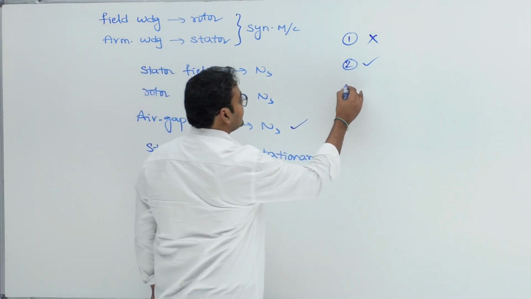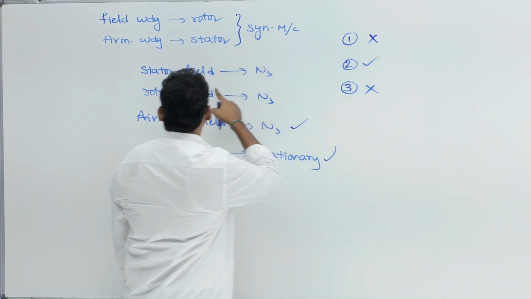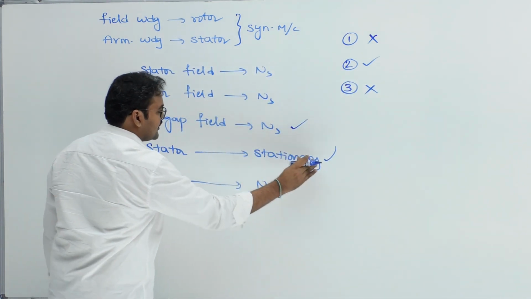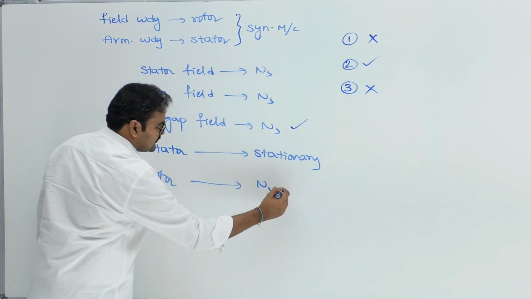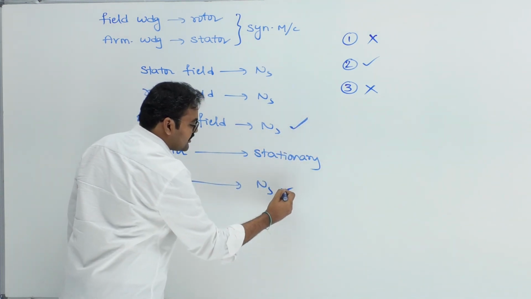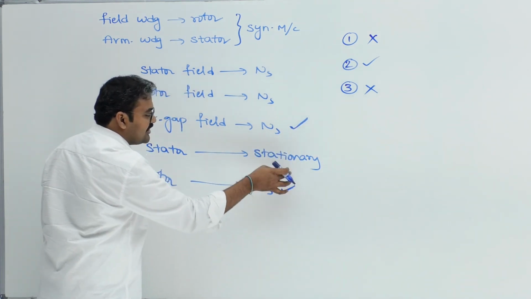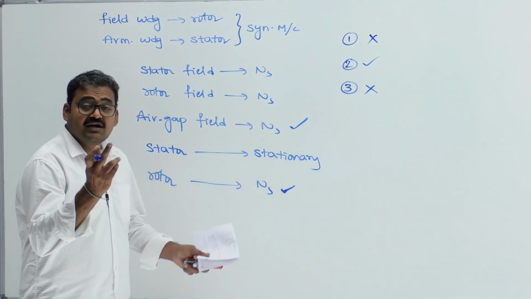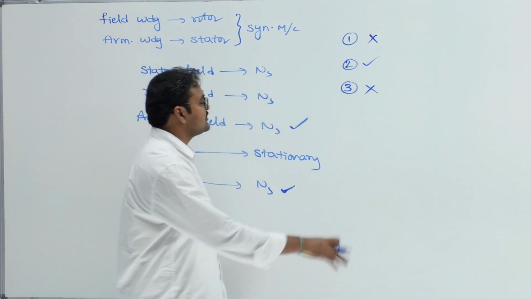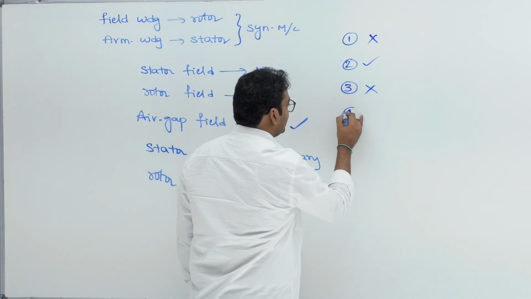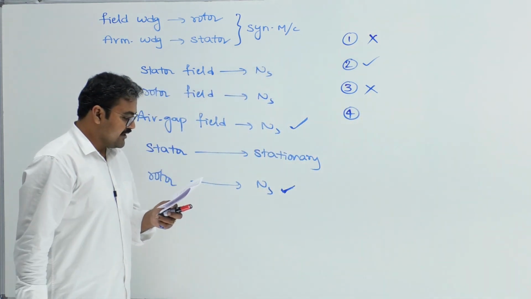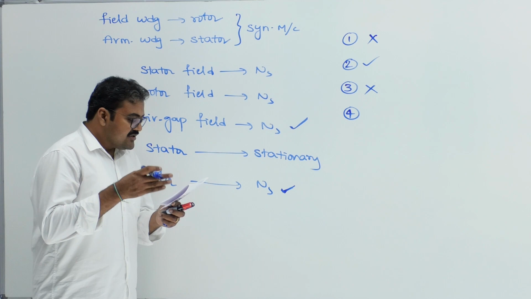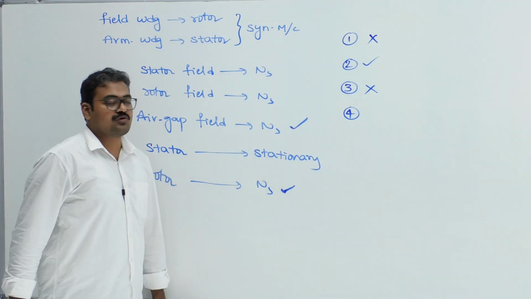Third statement, air gap field is rotating at double the synchronous speed with respect to rotor. That is wrong. Air gap field is ns, rotor is also ns, the relative speed is 0, but they said double the synchronous speed, therefore the third statement is wrong. Fourth statement, air gap field is stationary with respect to rotor.